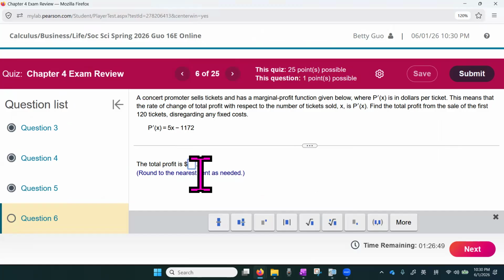Negative, do not forget the negative. Profit could be negative. That means in the beginning you don't start to make money yet because you put a lot of money in investment upfront. So normally it takes a while to get it back.